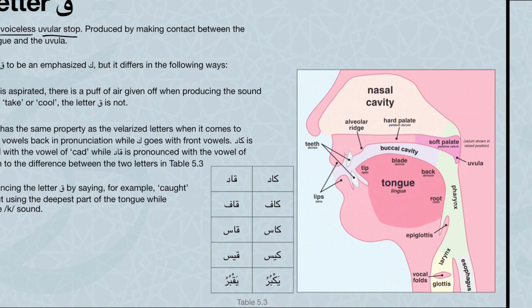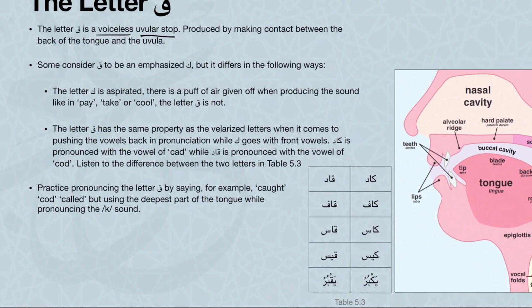But the main difference between the kaf and the qaf is aspiration. By aspiration, we mean that if you put your hand in front of your mouth and say k, k, car, car, you would realize there's a puff of air that comes out. This is what we call aspiration. With kaf, you would find it, but with qaf, you do not produce that puff of air.